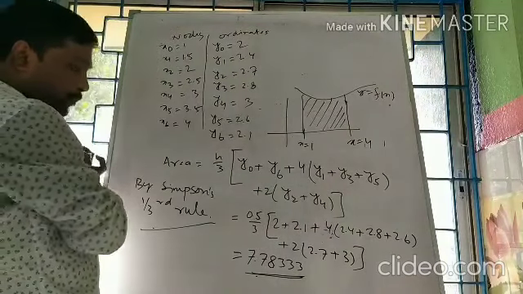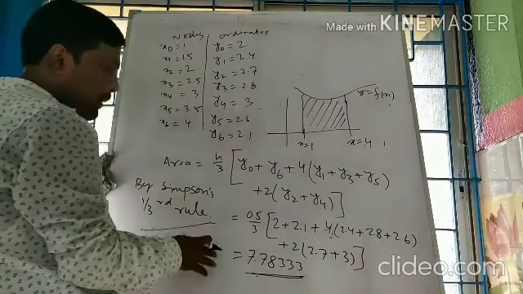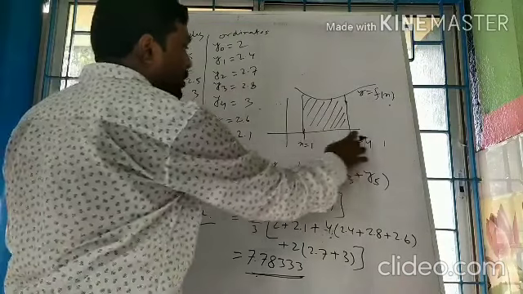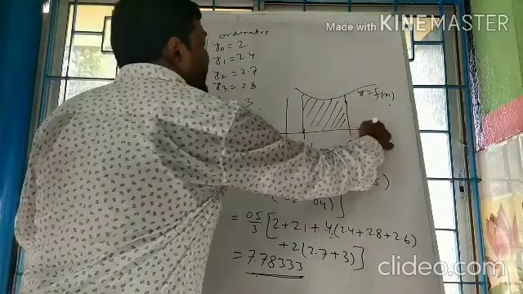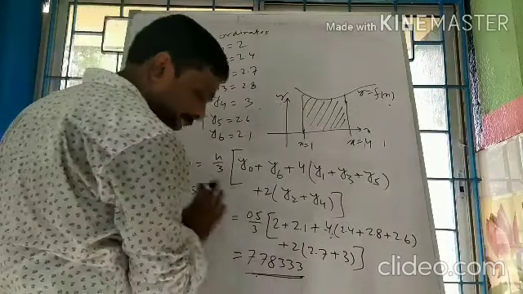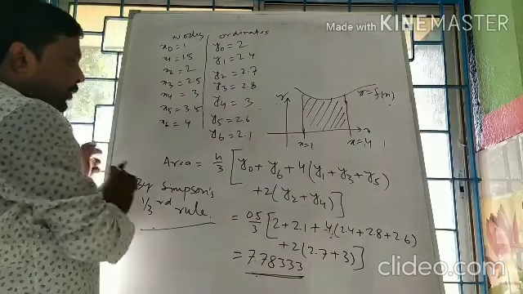So the area bounded by the curve y equals f(x), the straight lines x equals 1, x equals 4, and the x axis is 7.78333. Now we take one more problem.